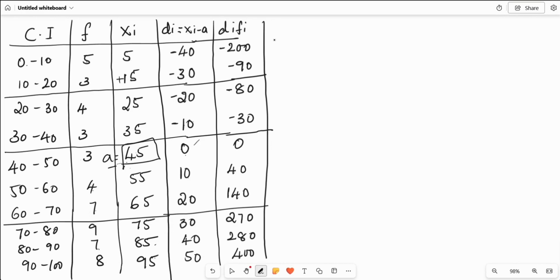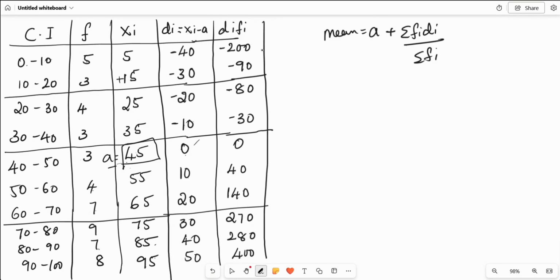So mean value will be equal to, I will write A first, A plus what we have assumed, A plus sigma Fi into Di by sigma Fi. Sigma means sum. So Fi into Di, you have to add them.